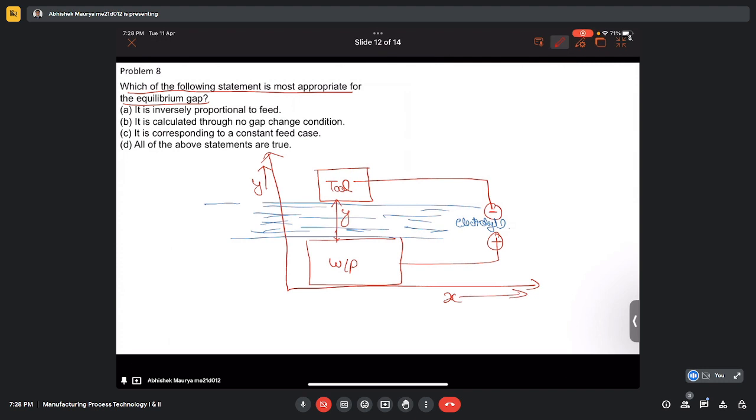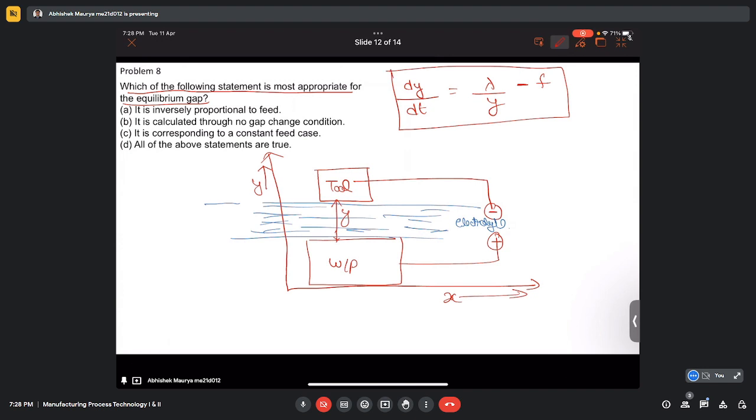As soon as we apply some voltage on the tool and the workpiece, material removal will start taking place over the workpiece. And already we know that we have a relationship which is something like this: dy by dt is equal to lambda by y minus f.